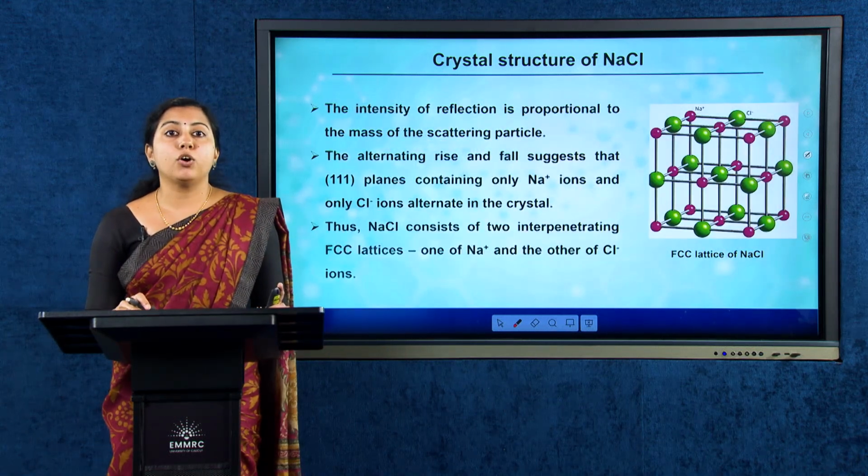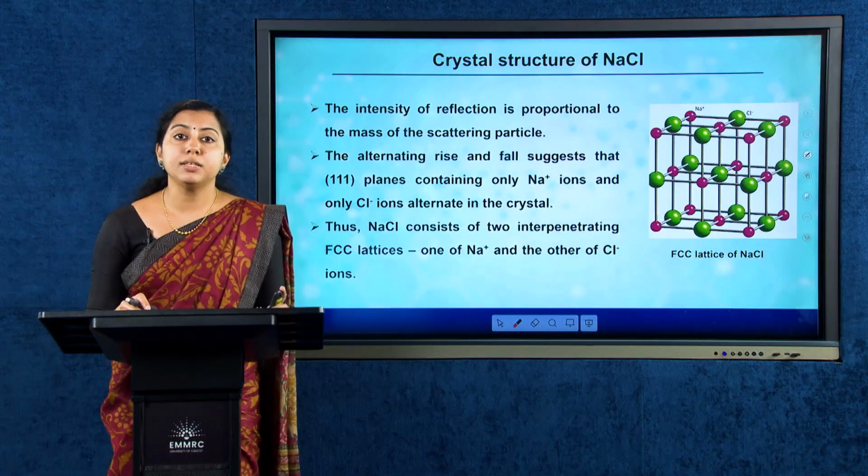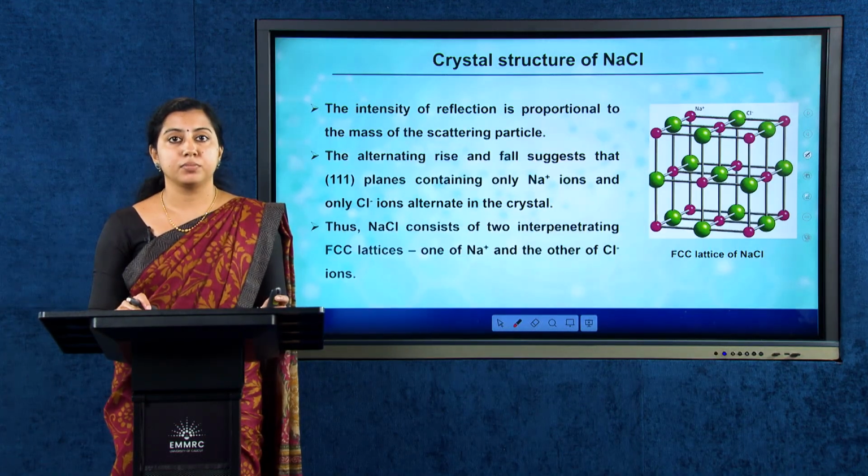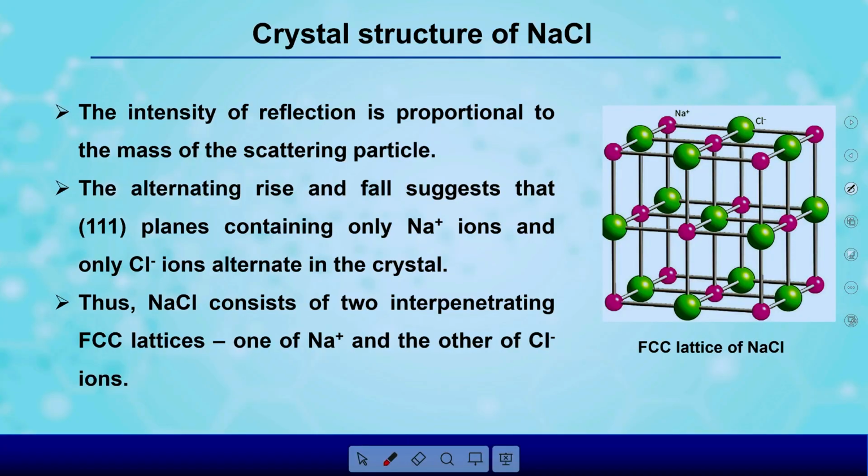The intensity of reflection is proportional to the mass of the scattering particle. So, the alternating rise and fall suggests that there will be 111 planes containing only Na plus ions, and there will also be 111 planes containing only Cl minus ions, and these two planes alternate in the crystal.